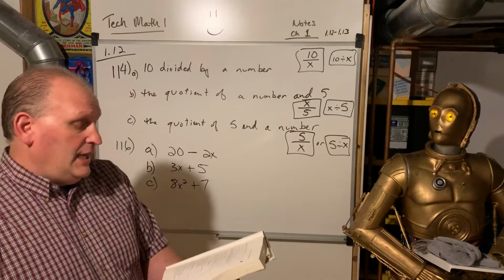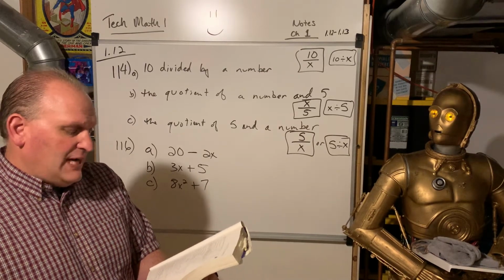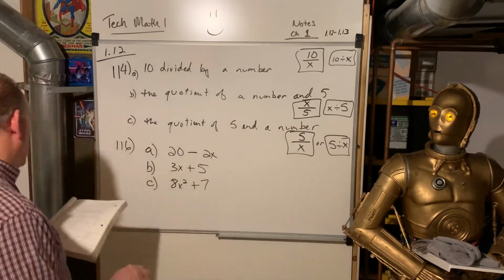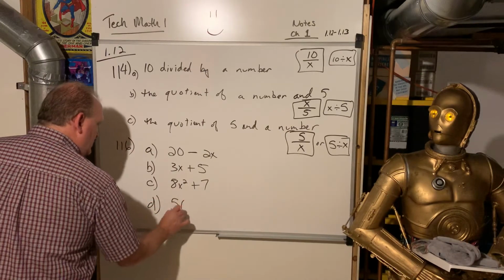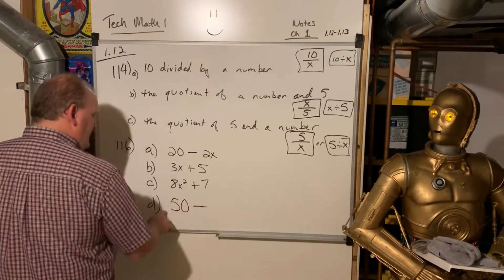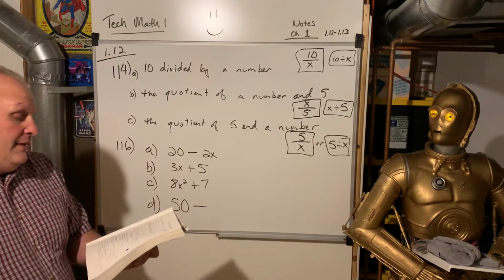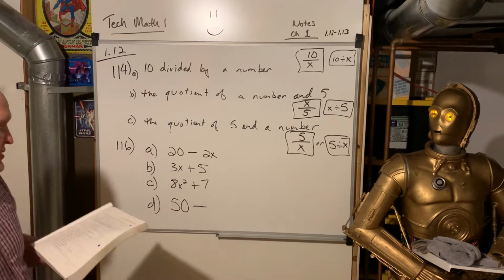All right? And then the last one, 50 reduced by the product of 4 and the cube of a number. So 50 reduced by is subtracted. So 50 minus the product of, product means times, 4 and the cube of a number. So 4x cubed.